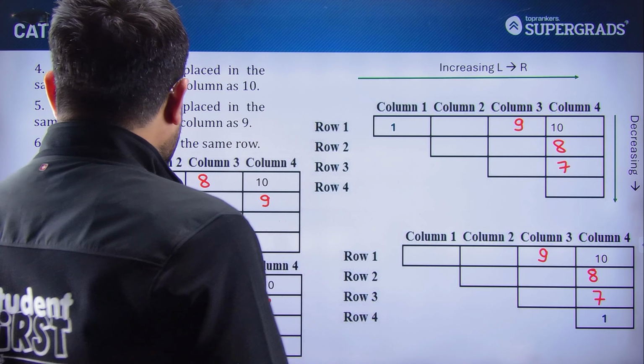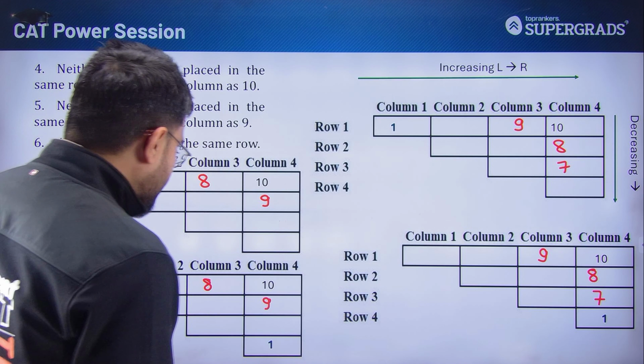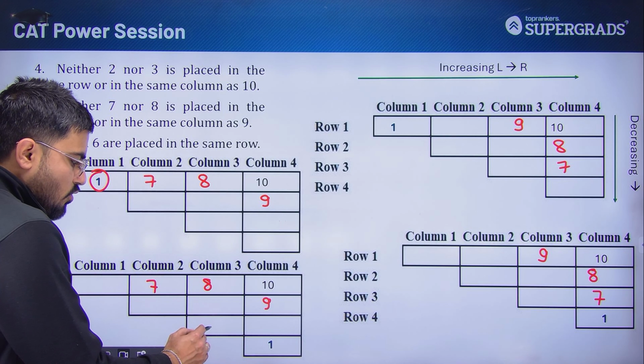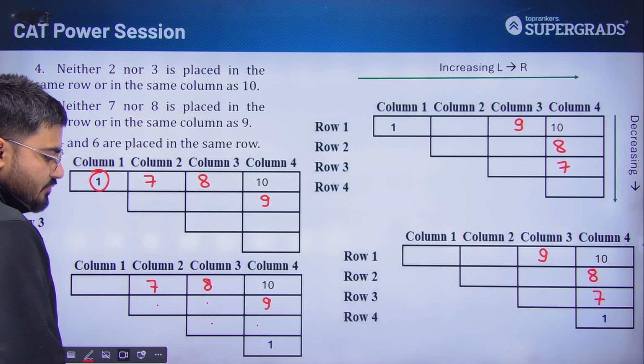Now what they have mentioned, neither 7 nor 8 is placed in the same row or same column as 9. So we have tried using that thing. Neither 2 nor 3 is placed in the same row or same column as 10. We have already taken care of that. And now 4 and 6 are placed in the same row. If 4 and 6 are placed in the same row, and it is increasing, then 4, 6 comes here.